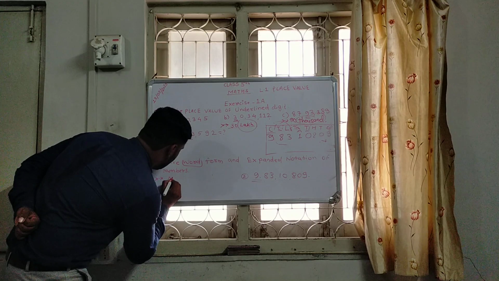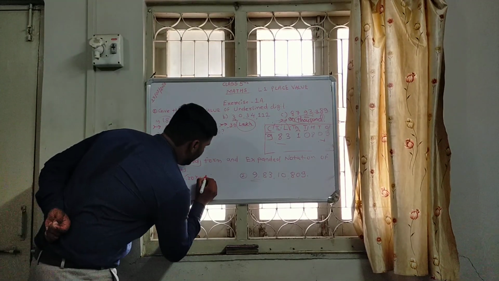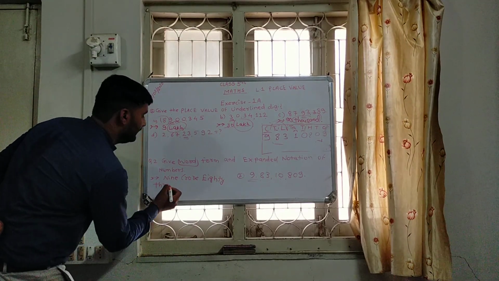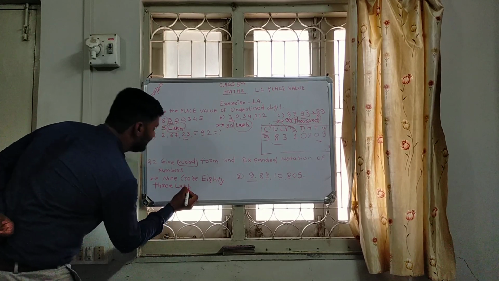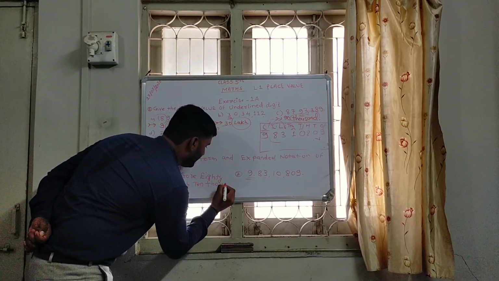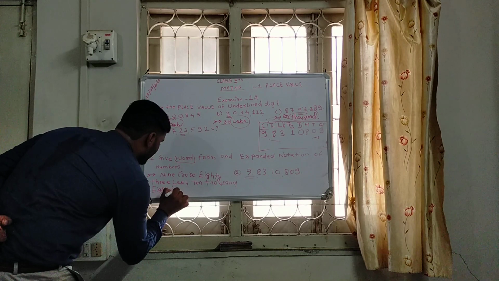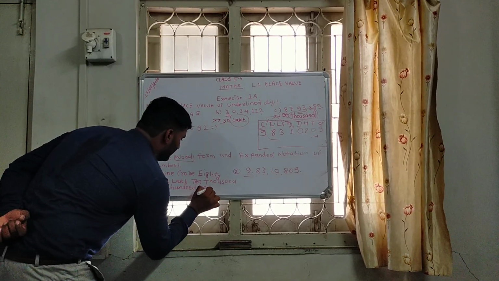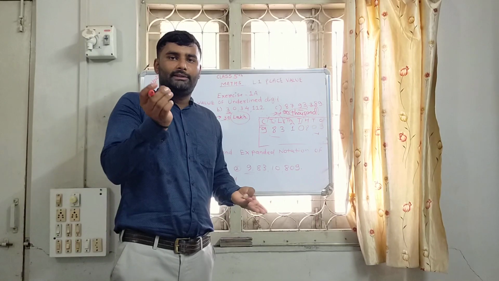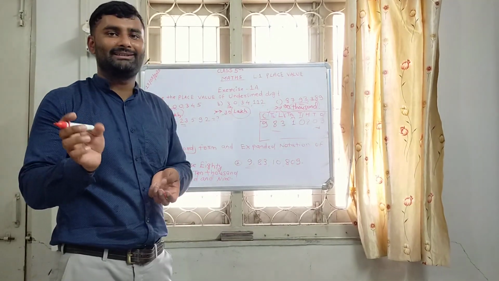So just write here in words. Nine crore, eighty three lakh, ten thousand, eight hundred nine. If 0 is present in any place, we don't need to write anything there because we make that place vacant.